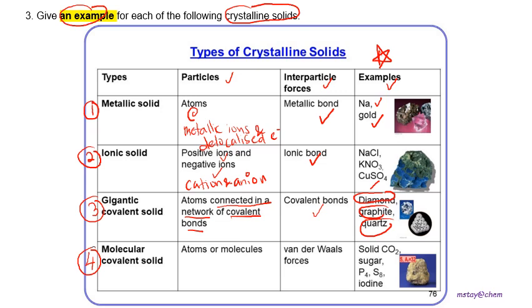So either they are in the form of atoms or molecules. Because they are covalent compounds, the type of intermolecular force generally will be the van der Waals force. Examples are solid carbon dioxide, sugar, phosphorus, sulfur, and also iodine.